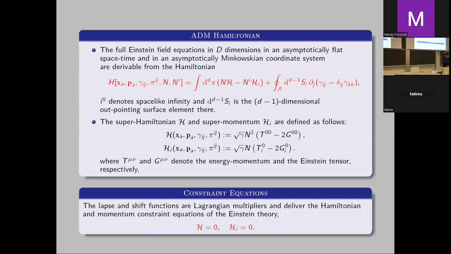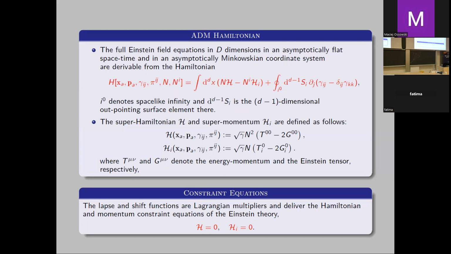Okay, now we have the ADM Hamiltonian, which is valid, as I said, in asymptotically flat space-time and in asymptotically Minkowskian coordinate system. And from this Hamiltonian, one can derive the full set of Einstein field equations. Here we have shift and lapse, and they operate as Lagrange multipliers here.